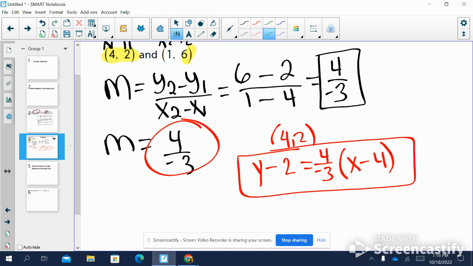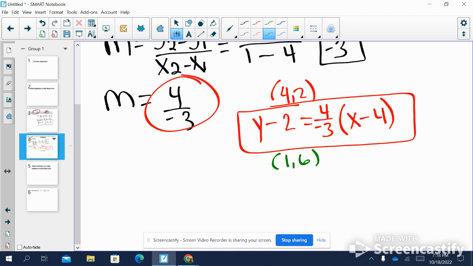The other one we could do is we can use 1, 6. So it has the same exact slope. It's just a different x and y coordinate. So we're going to do the same thing. Y minus y1, in this case y1 is 6, equals the slope, 4 over -3, parentheses x minus x1. x1 in this case is 1.